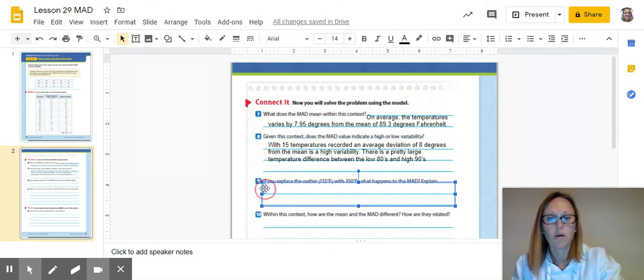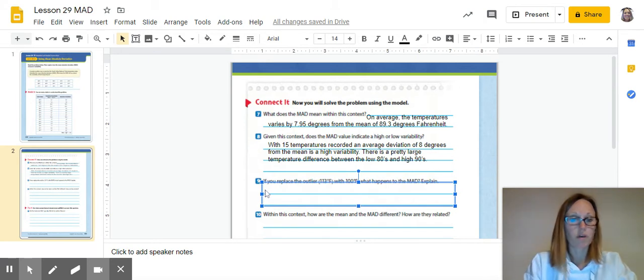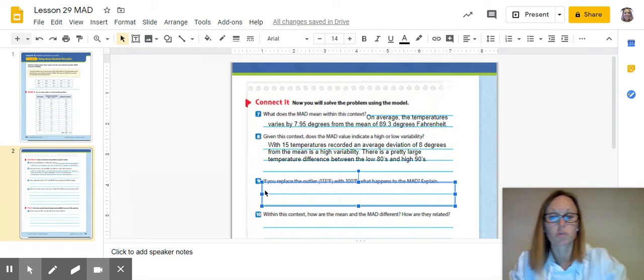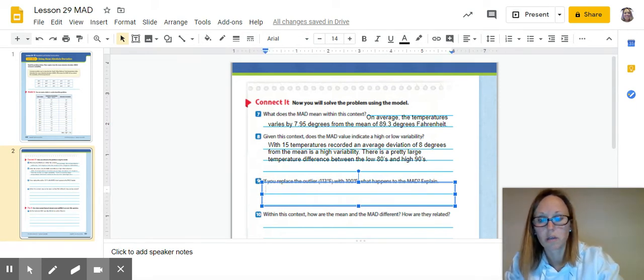Well, because you're changing one of the values, it's going to change the mean because you're using the numbers to add them together to find the average. So it's going to change the mean.